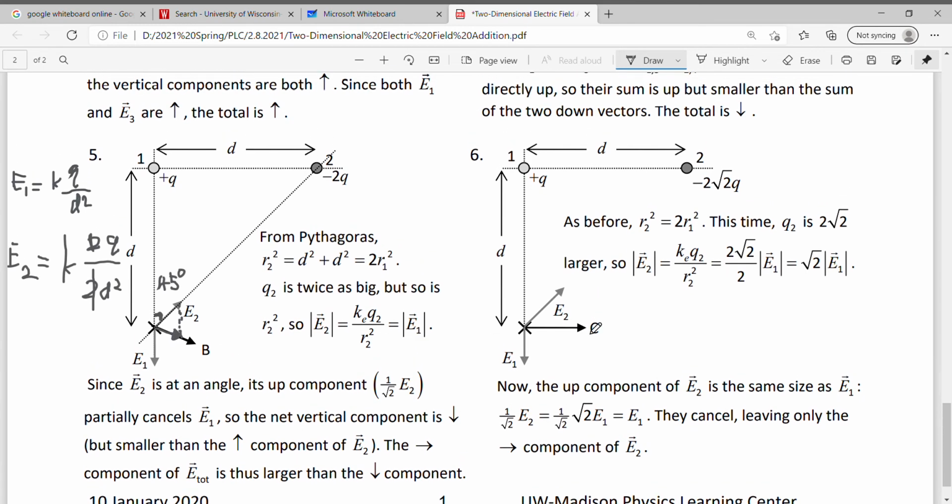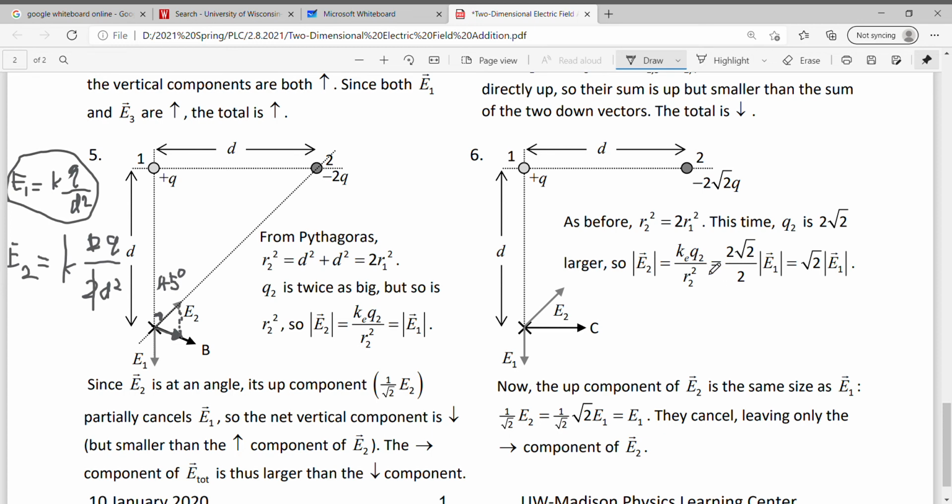All right. Then let's see this final question. Here E1 is still K times Q over D squared, but our E2 is different.